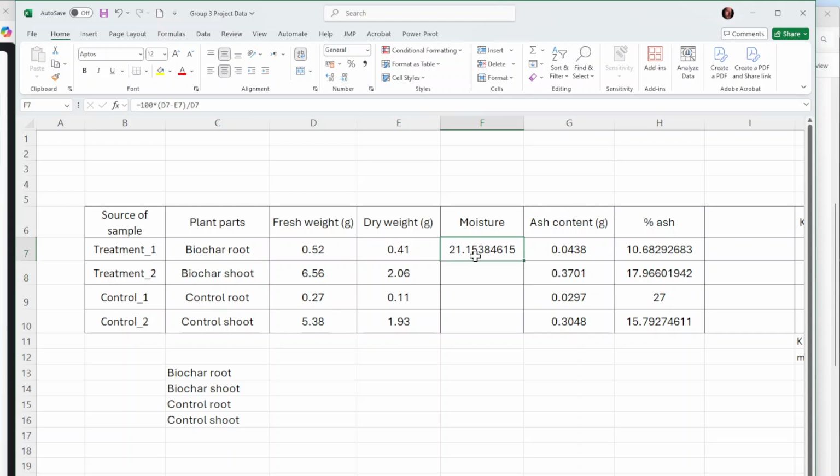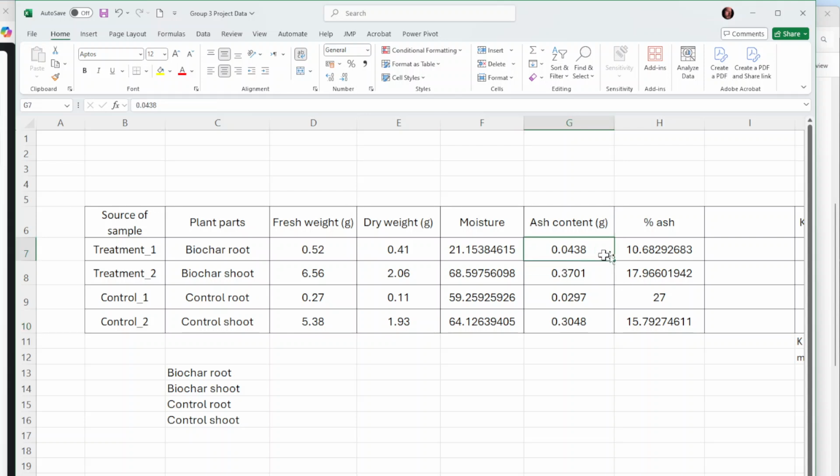That will give you 21% moisture in this treatment. And then you can go for other treatments showing how much moisture there is. There was 21, but all the others are showing more moisture, 68%, 59, 64%.